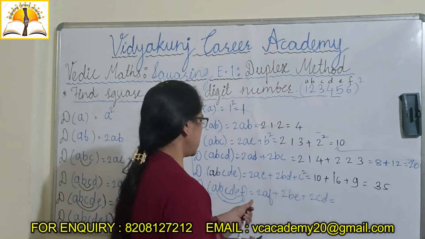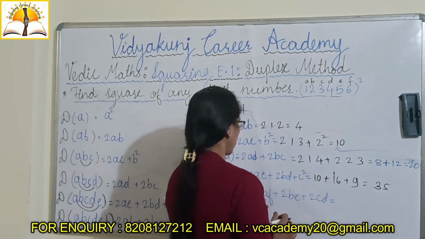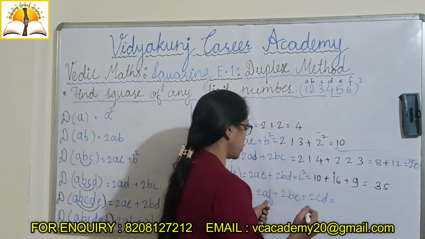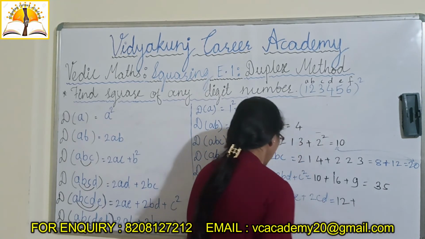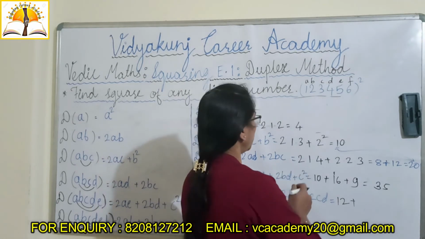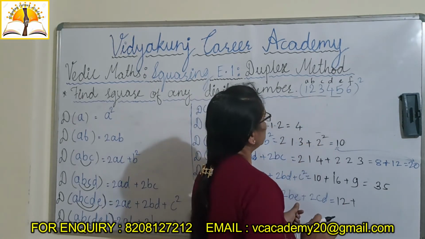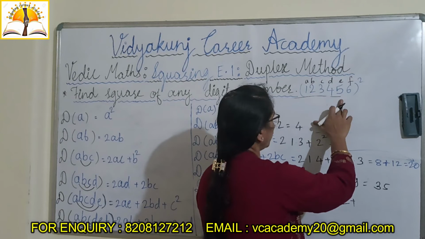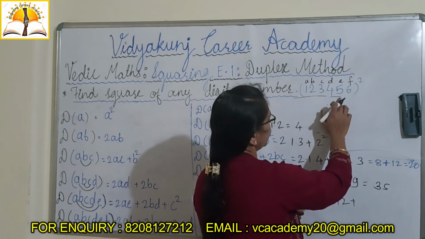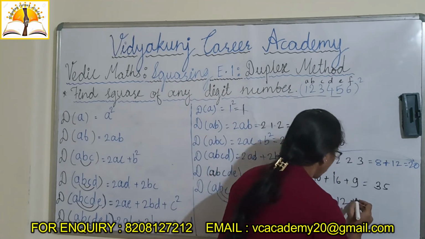Now, 2 means 2. A means 1. 2 into 1, 2 only. And here 6. 2 into 6, 12. 2 means 2. Then B means 2. 2 into 2, 4. And E means 4 into 5. Here is E. 4 into 5 will be 20.